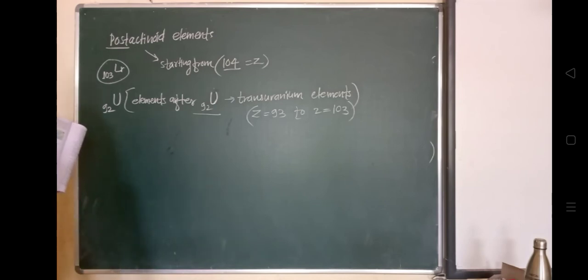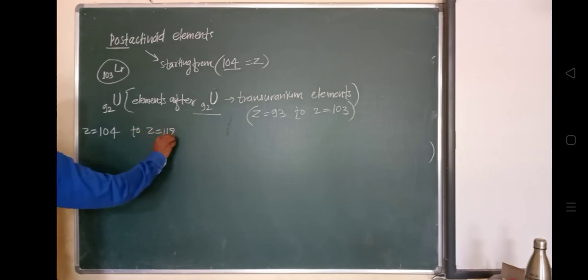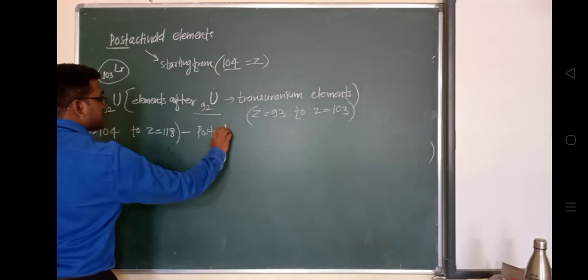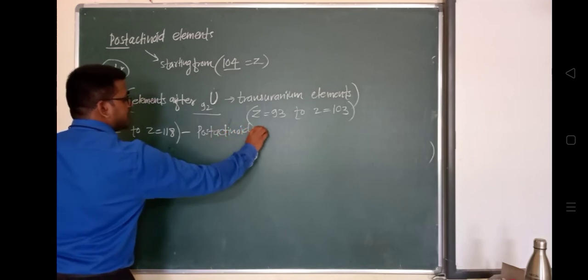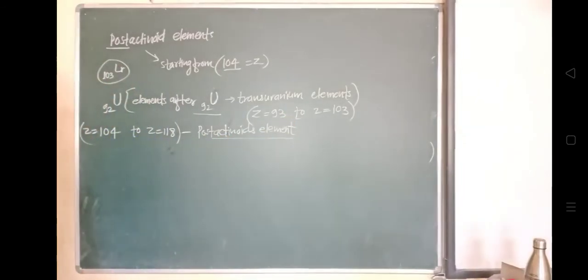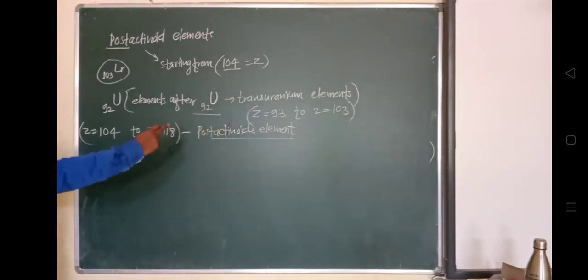The elements from 104 to 118 are called the post-actinoid elements. The post-actinoid elements known so far are transition metals, because these are d-block elements. So they are also referred to as transition elements.